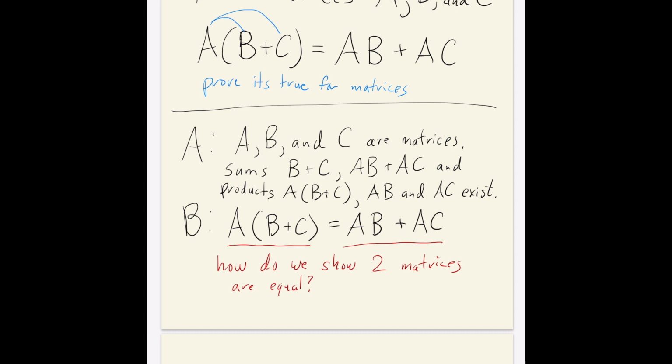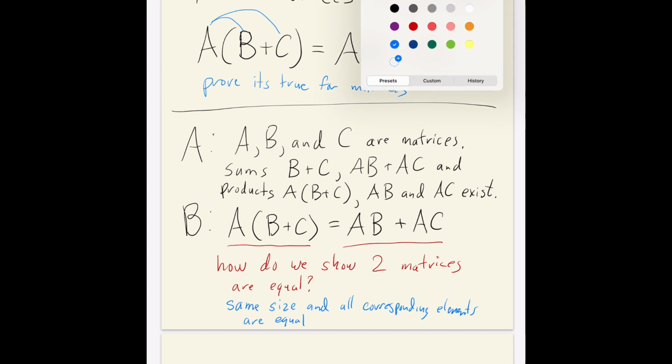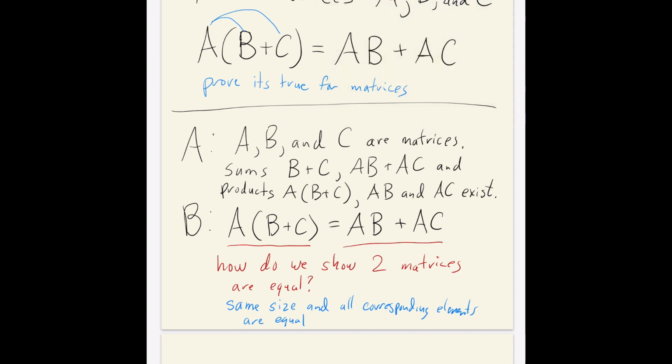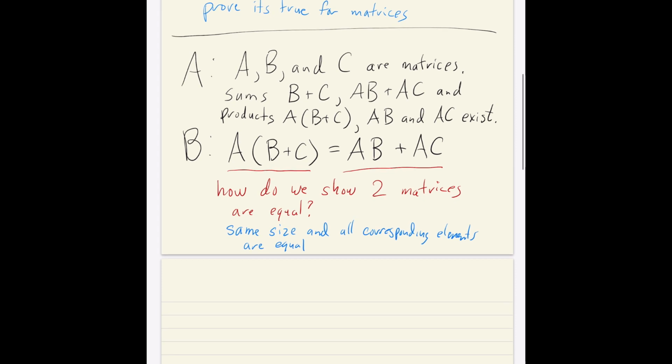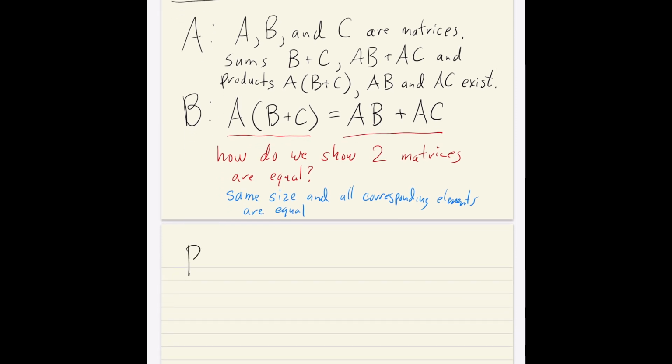We can show that two matrices are equal if they have the same size and all of their corresponding elements are equal. So I'll just put that in abbreviation here. Same size and all corresponding elements are equal. So from here we can get our statement B1, which we would have to prove before B, right?